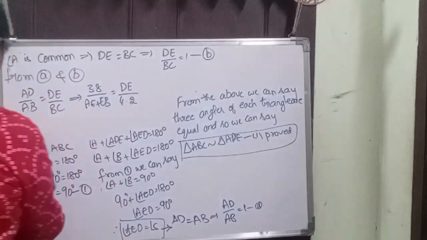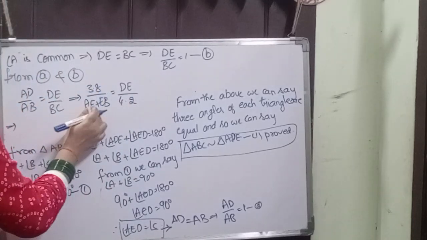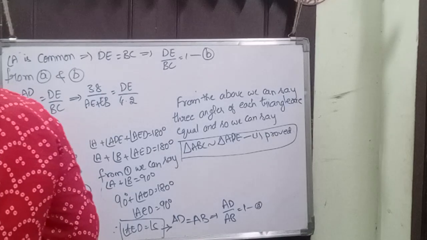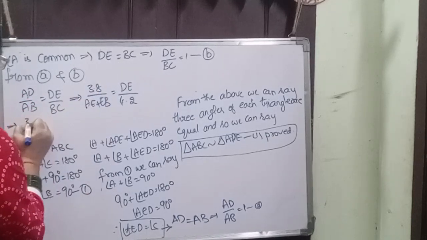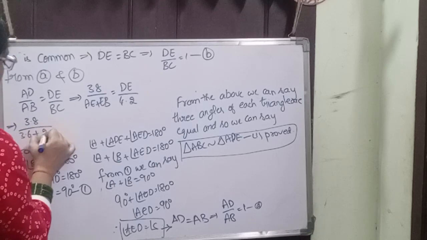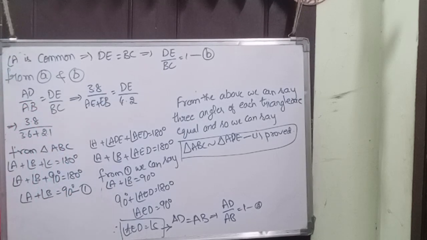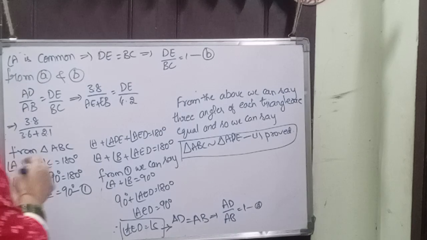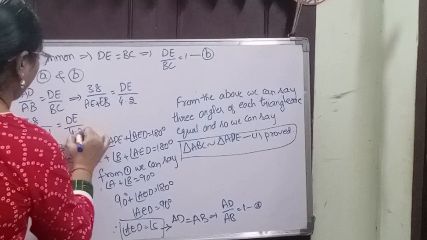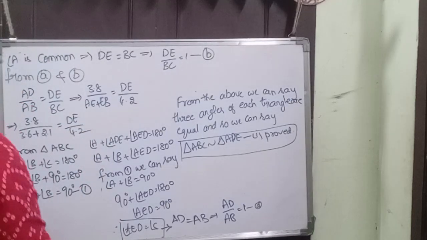Okay. Next, that implies what you will get here: AE plus EB. What is the AE value? AE is 3.6, BE is 2.1. So 3.8 by 3.6 plus 2.1. Is it correct? 3.6, 2.1. Okay. That equals DE, which we have to find, DE by 4.2. Next what?